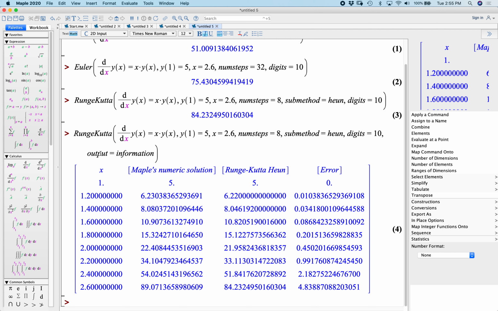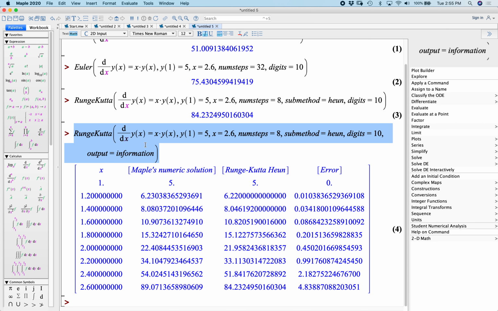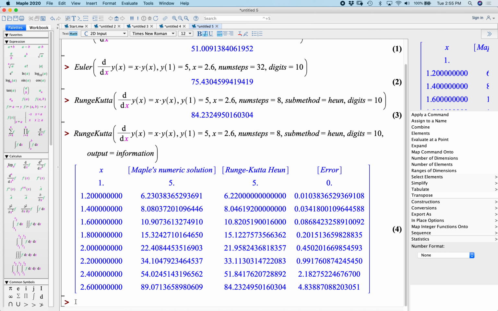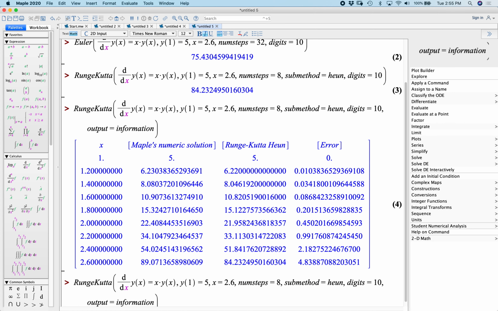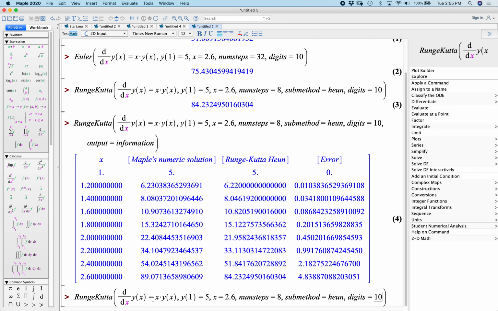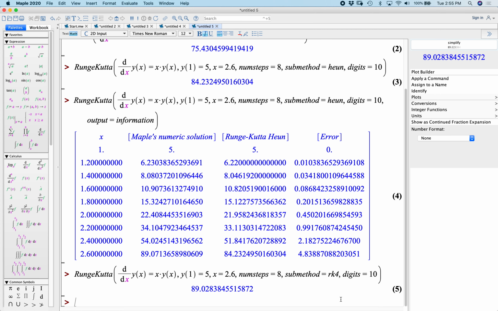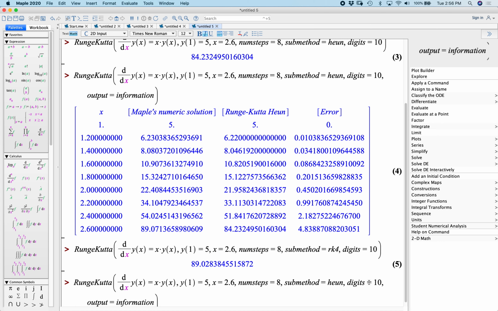And if I were to throw in what we refer to as the Runge-Kutta method, so if I take what I have here, it's almost like the improved Euler statement, except the submethod as opposed to Heun will be RK4. So I have 89.0283. And again, just looking at how this is going to compare.